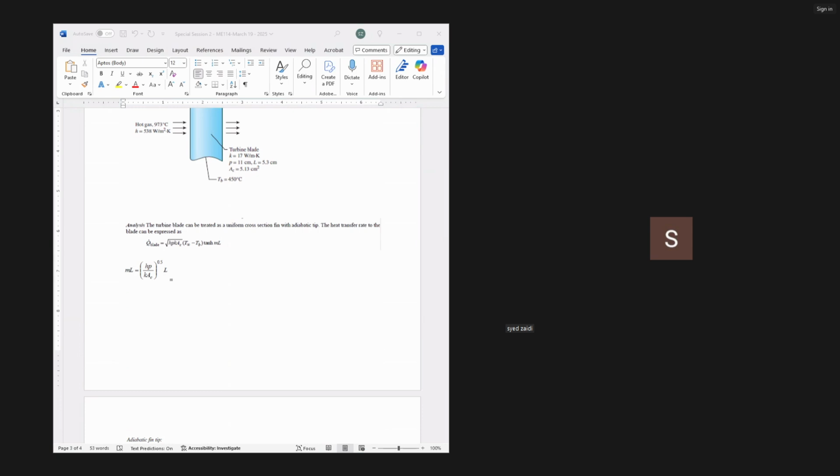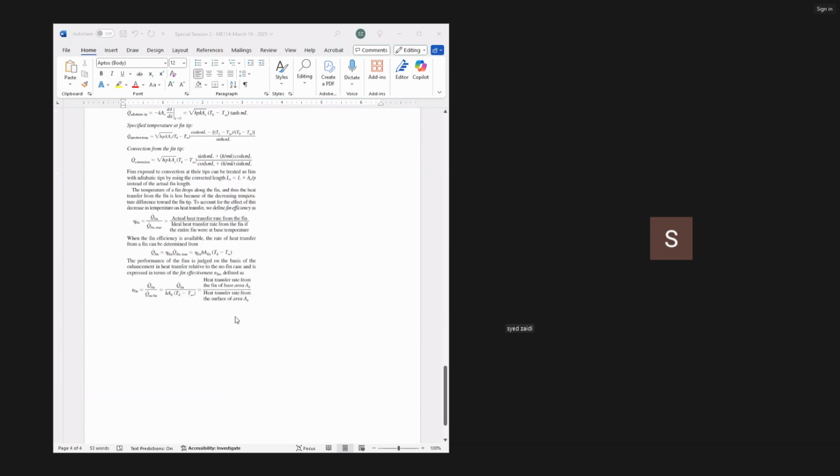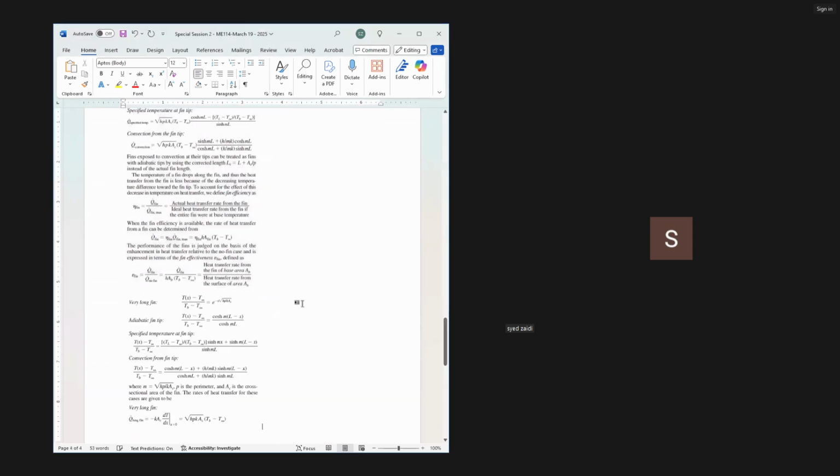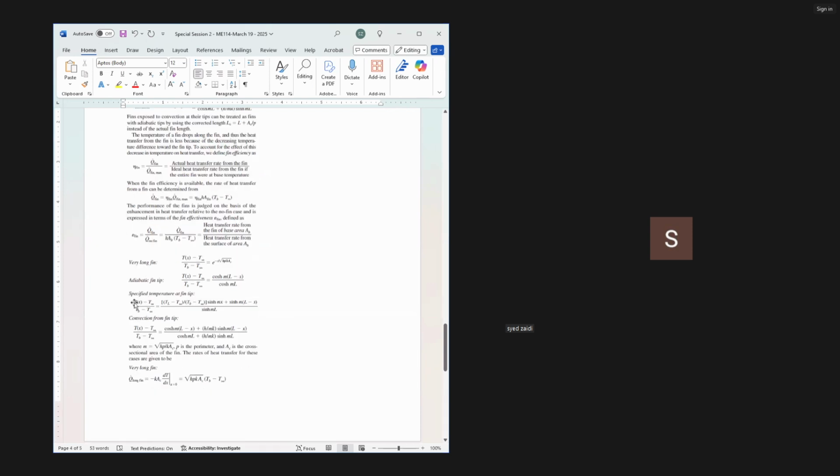For a very long fin or for others, you have to look at this. I'll put it here for you. So they will say here specified fin tip temperature, convection from the fin tip. M in each case is the square root of HP over KAC, where P is the perimeter, AC is the cross section, and then the Q dot can be found with various fins.